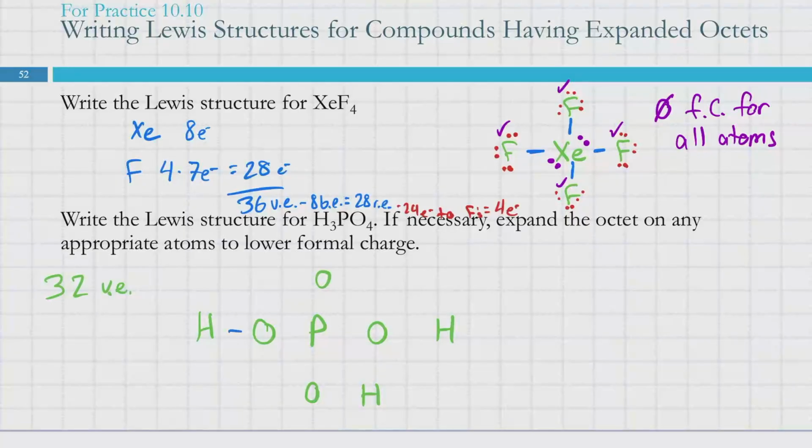We have to place a bunch of bonds, 14 electrons from bonds, which leaves us with 18 remaining electrons.